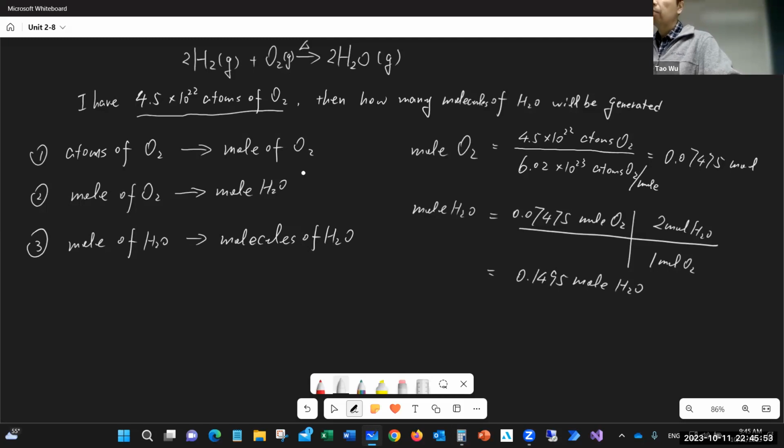And then based on moles of water, figure out how many molecules it can have. So the number of molecules of water is just equal to moles of water multiplied by 6.02 times 10 to the 23rd. 0.1495 mole times 6.02 times 10 to the 23rd.